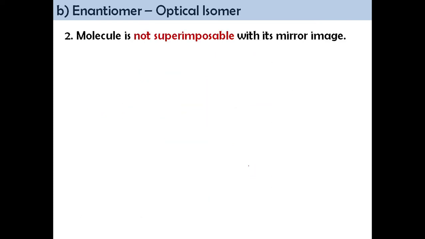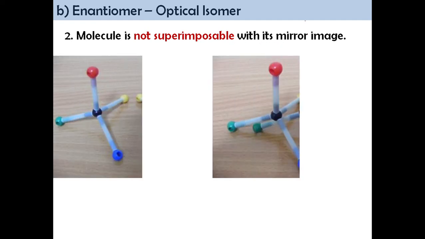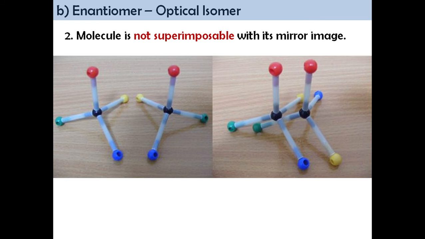Okay. Yang kedua, molecule is not superimposable with its mirror image. Okay, contoh kan, kalau saya ada ini sebagai saya punya molekul, lepas tu saya letak cermin. Okay, bila saya letak cermin dekat sini, this is the pantulan, reflection of this molecule. And then, bila saya angkat molekul ini, saya tindih.